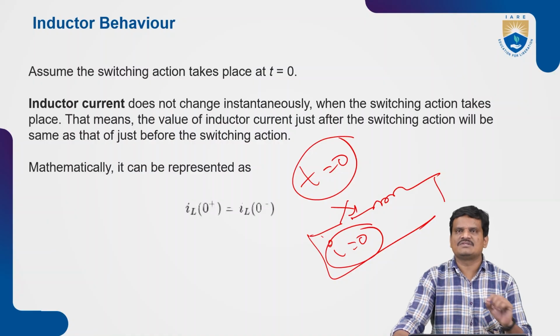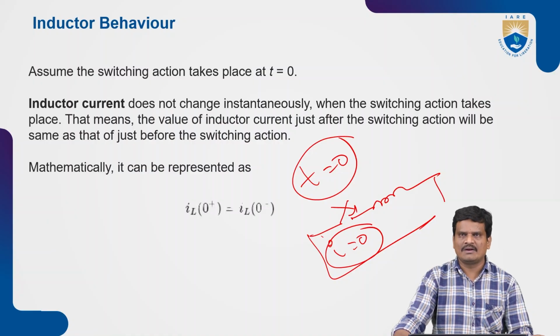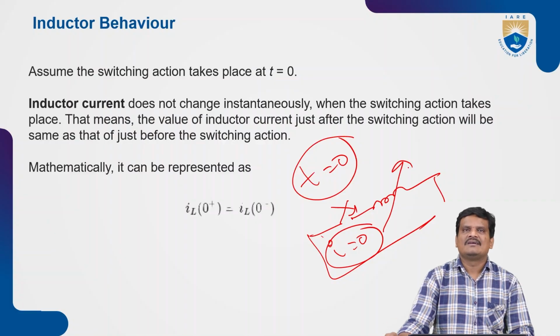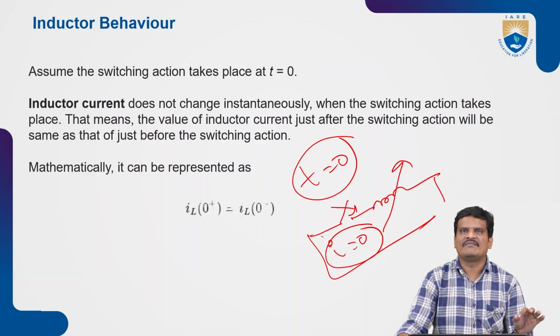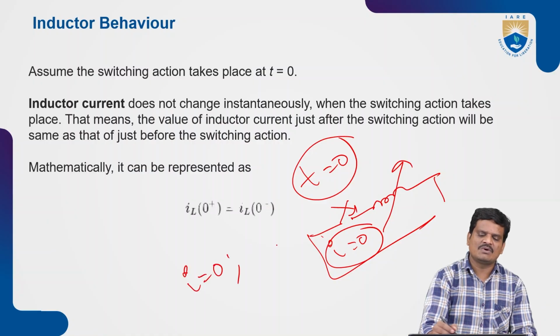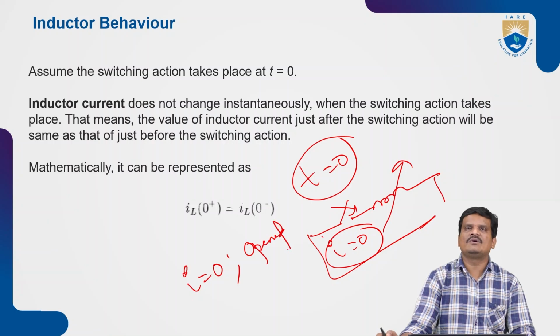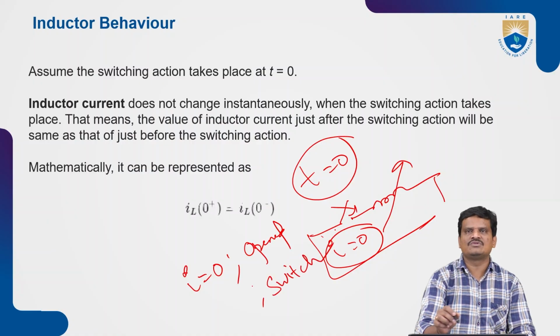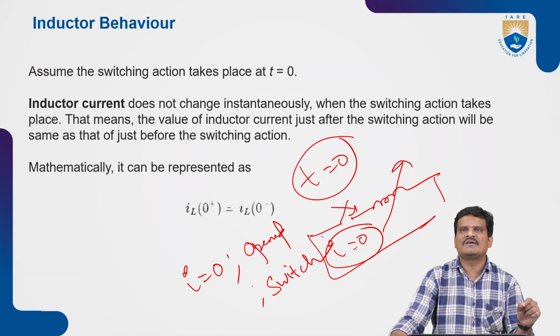After closing the switch, in general, according to our knowledge, some amount of current should start flowing through the inductor connected in the circuit. But as per the property of an inductor, it opposes sudden changes in the value of current. Previously the current was 0 when the switch was open. Now at time t equal to 0, I have closed my switch. Now the circuit is completely a closed path, so it needs to have certain amount of current in it.